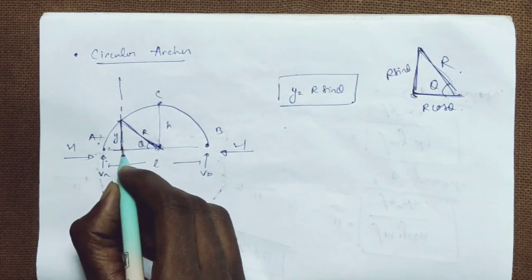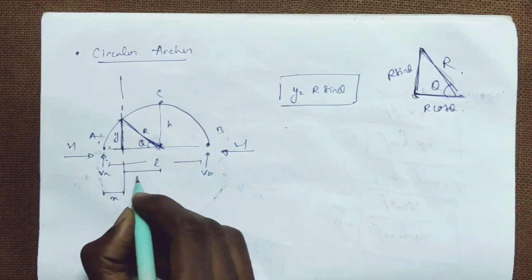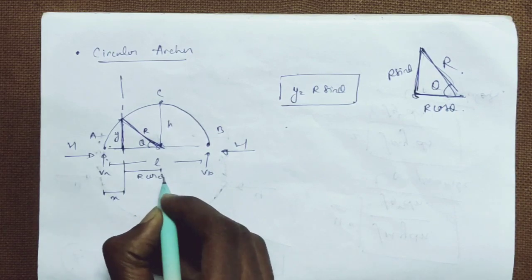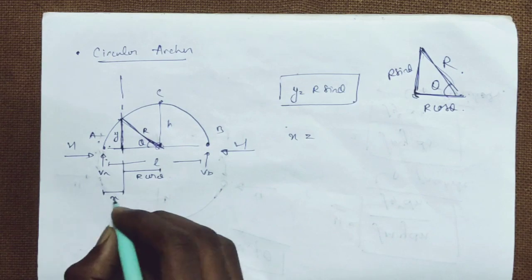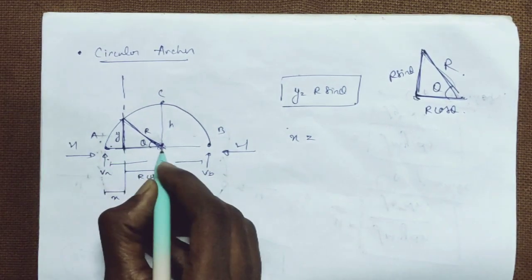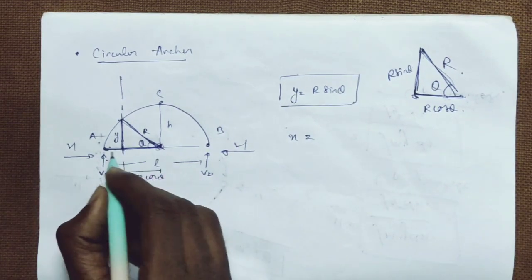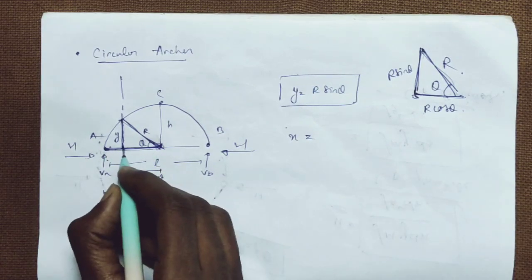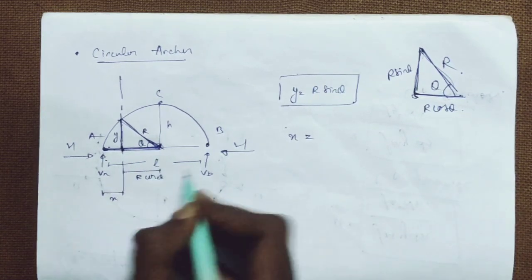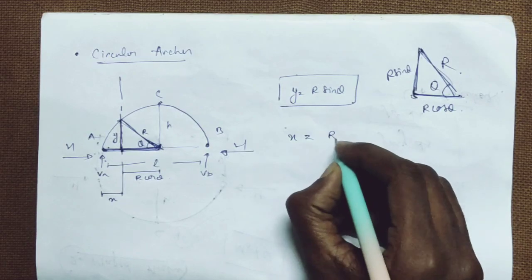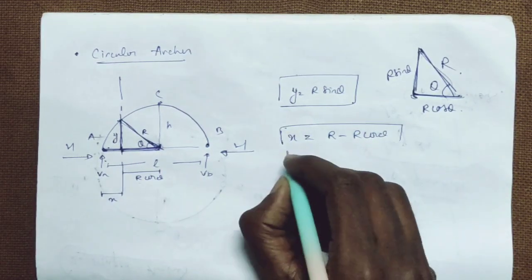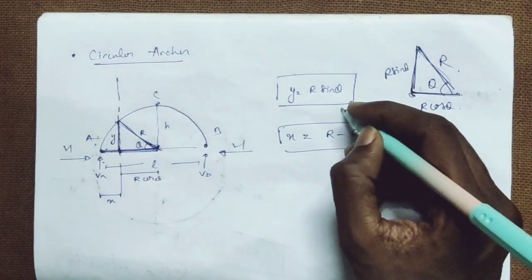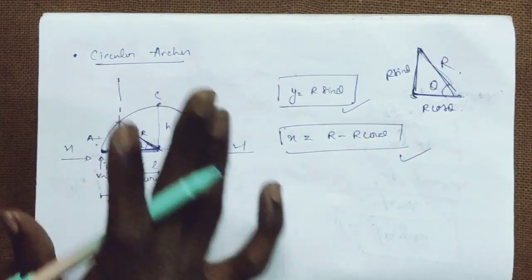That means from here to here it is r cos theta. So what can we write for x? This whole is r, and this portion is r minus r cos theta. So x will be r minus r cos theta and y will be r sin theta for circular arches.